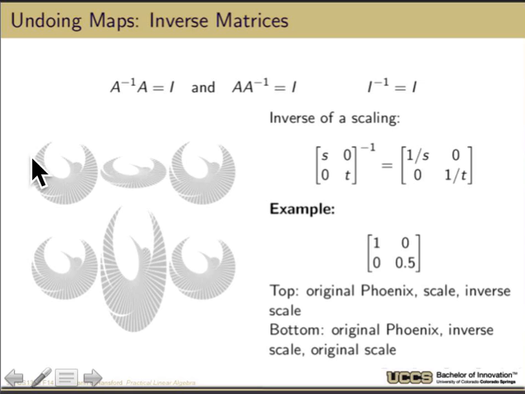Graphically, that's going from our phoenix, which is circular-ish, to this ellipsoidal object. The inverse of this ellipsoidal object goes back to this. If I scale it down and then scale it back up in the horizontal axis, I will get the nice shape. Conversely, if I were to scale it up by the inverse of the matrix and then scale it back down, I get the same thing. So I can see these graphically. Again, if you think of maps in terms of how they operate on the circle, you get the action ellipse and can visualize what's going on.